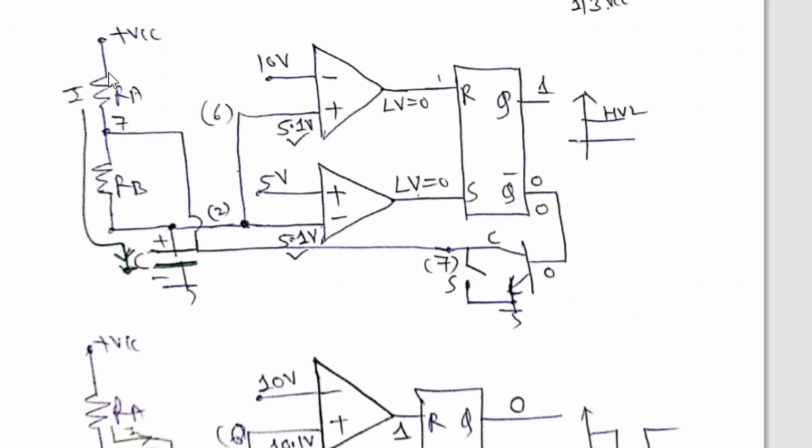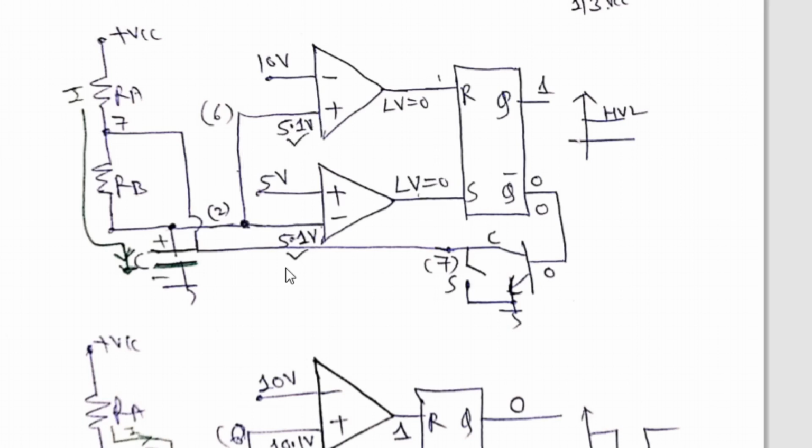Now, as our capacitor starts charging through RA and RB, and the capacitor voltage goes on increasing, this is plus and this is minus, and this voltage definitely crosses 5 volt. So I have written here 5.1 volt instead of 0. Since these two terminals are short circuited, here also it will be 5.1 volt.